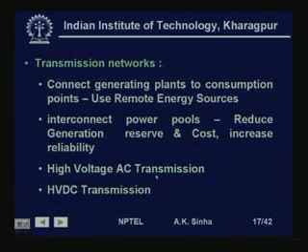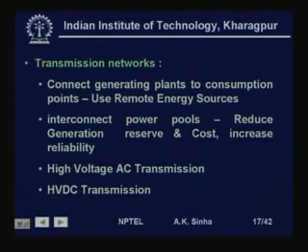Another aspect of transmission is we generally use high voltage AC transmission. We will see why we need high voltage AC transmission. Another kind of transmission which has been used in our country is high voltage DC transmission. Now, high voltage AC transmission connecting two synchronous machines will provide a synchronous link between the two systems.